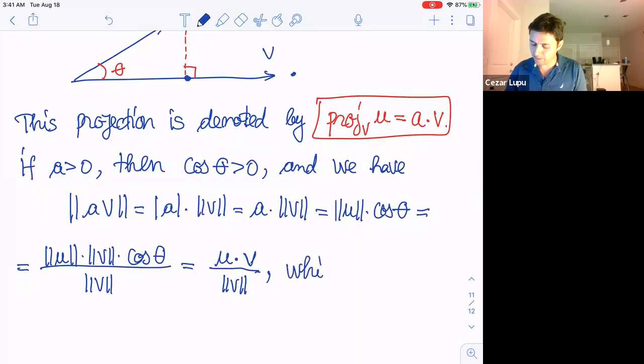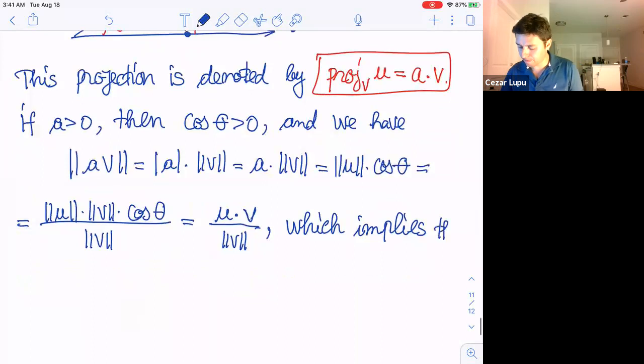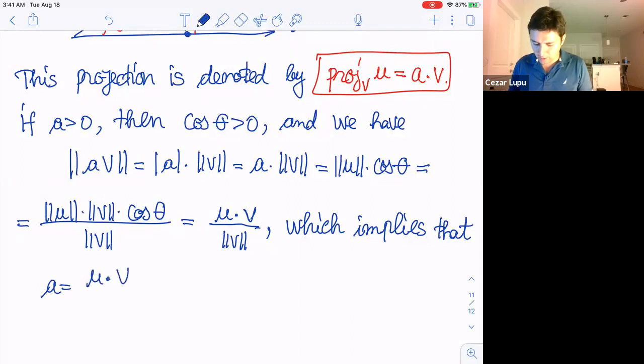Which implies that this guy A, the constant, is nothing else than just u dot v over the length of v squared. Or if you want, it's u dot v over v dot v.